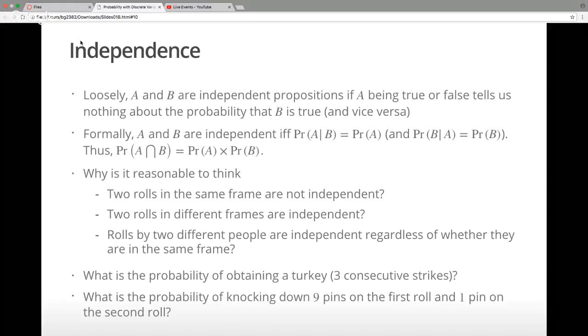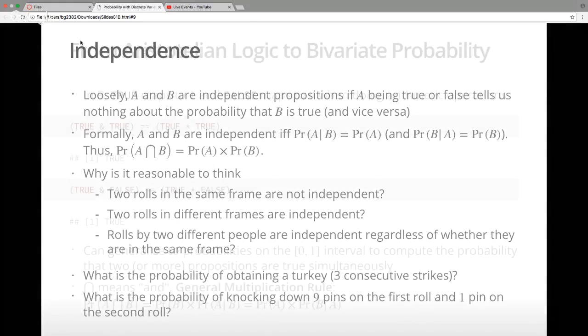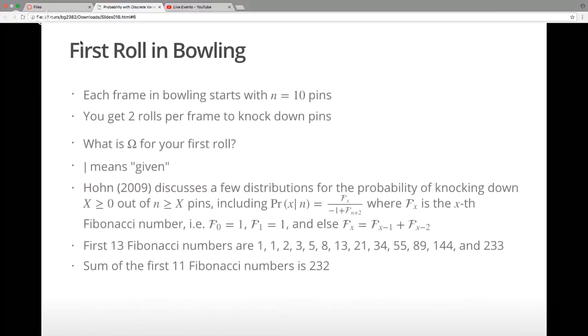Yes, assuming that there's no greater difficulty in knocking down 9, and that doesn't adjust the probability. So they're not independent either way.